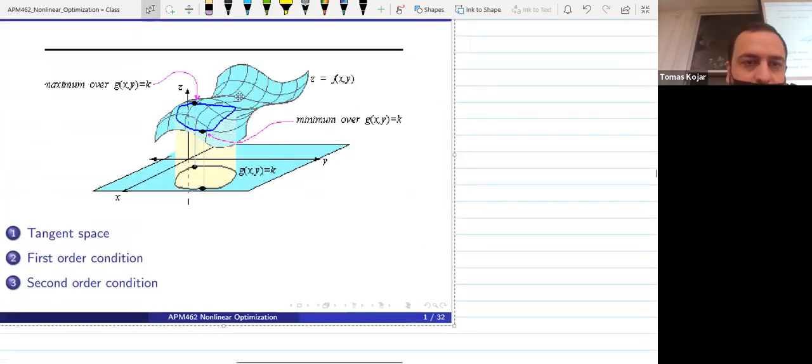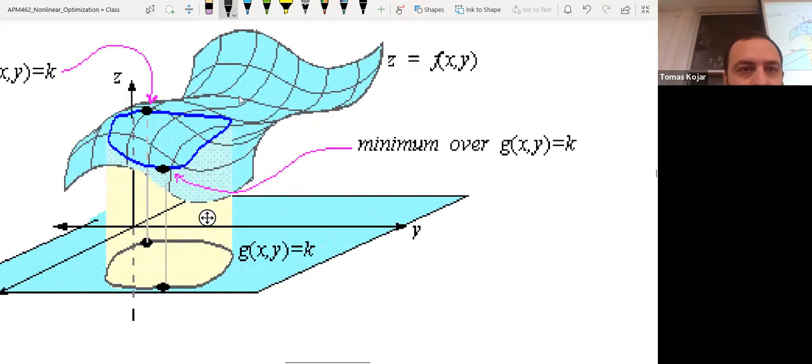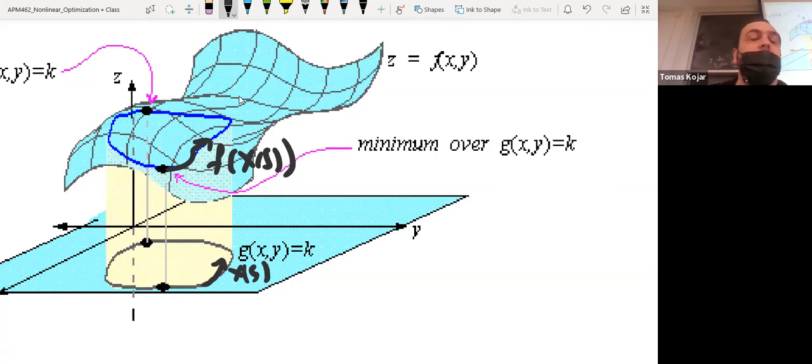Yeah, so you have a curve x of s. No, the curve is downstairs. Here's the curve x of s. And then you evaluate it, so you go up. This is f of x of s, right?